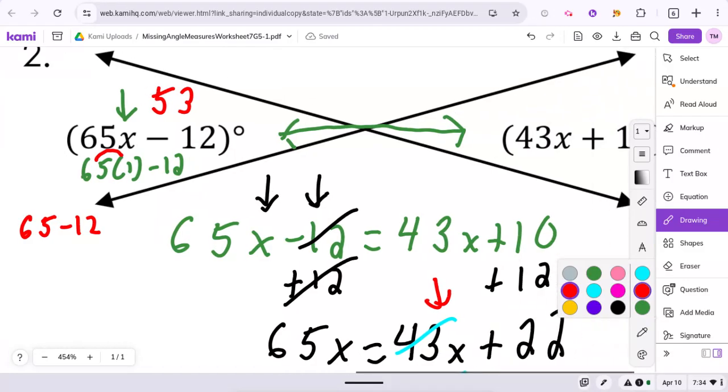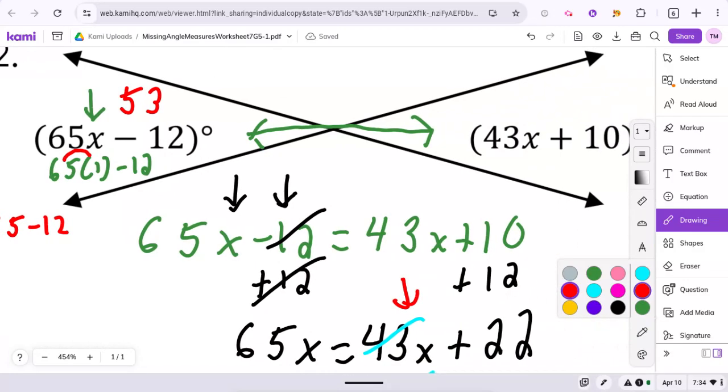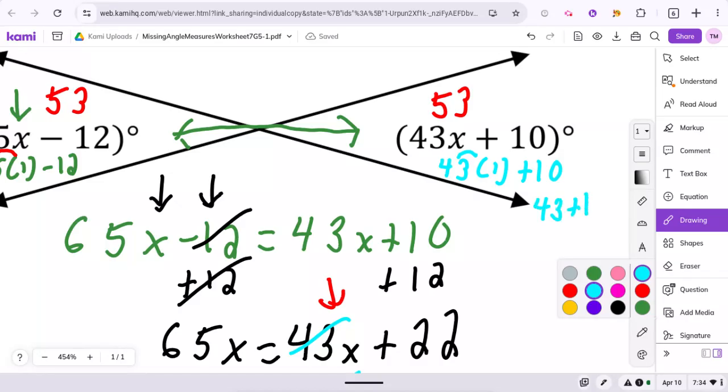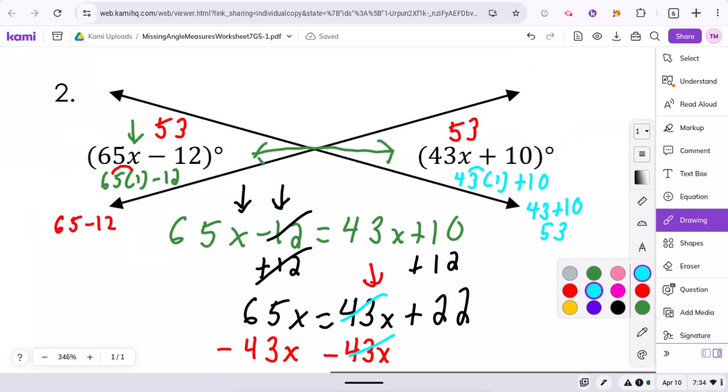And you technically wouldn't need to do the other side. You'd probably want to do it just to check to make sure, but that should equal 53. So you can check it to make sure. Put the x as 1. 43 times 1 is 43. Plus 10 is 53, just to check to make sure. And then you would also be able to, you don't need to, but you'd also be able to get these angles as well.